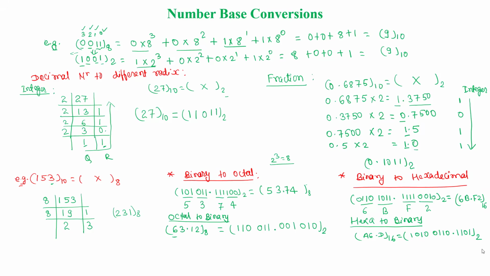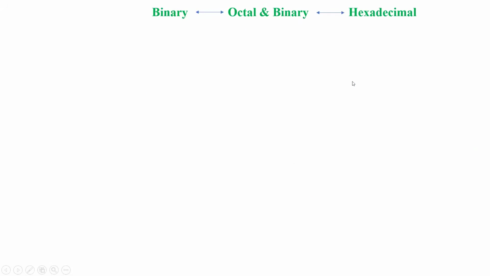If any confusion is there, first convert that number into a decimal number. You know how to convert to decimal, that we have seen with the help of expansion. After the decimal point, if it is an integer, divide. If it is a fraction, multiply. This is how we are able to convert from one number system to another. So here we have binary to octal, which we have already seen. In octal, it is 2 to the power 3, so we take combinations of 3 bits.